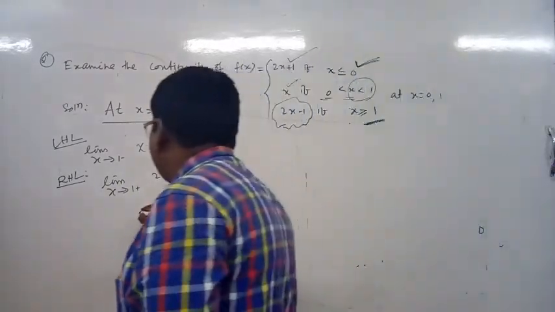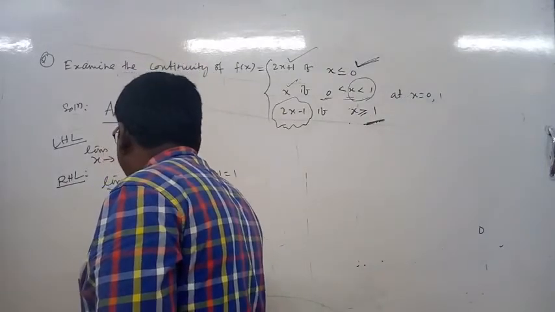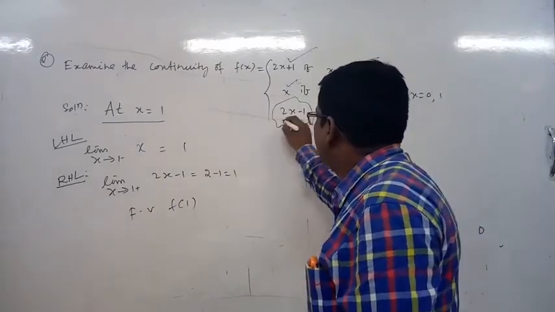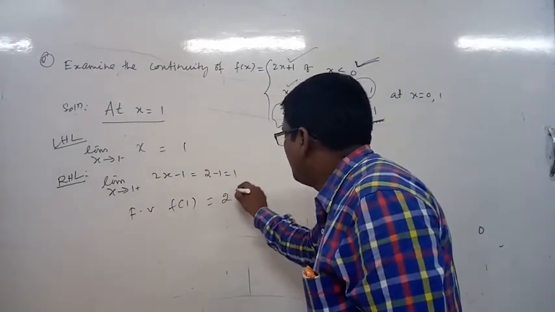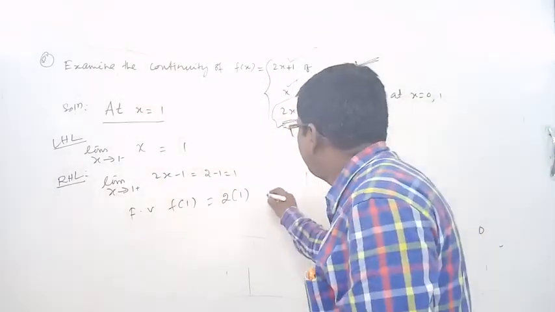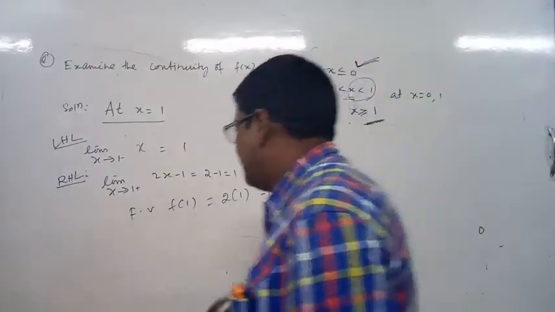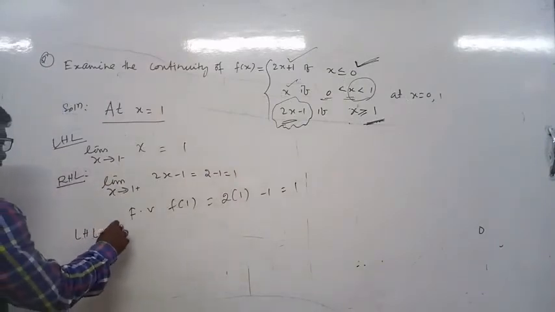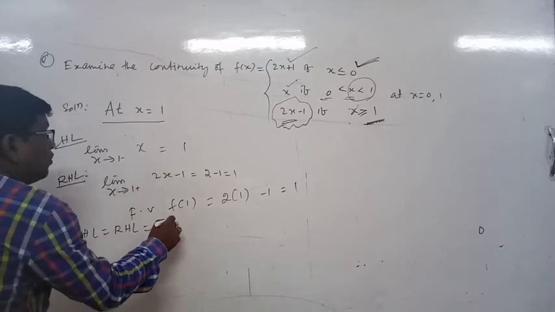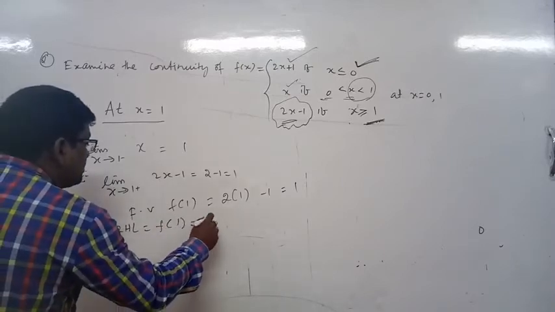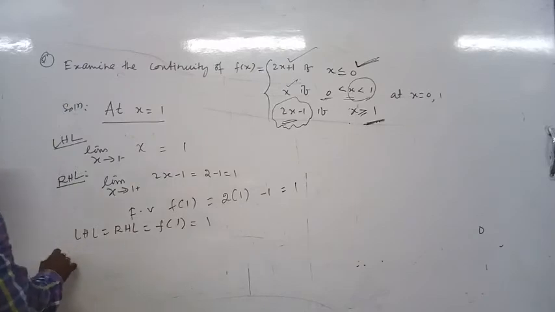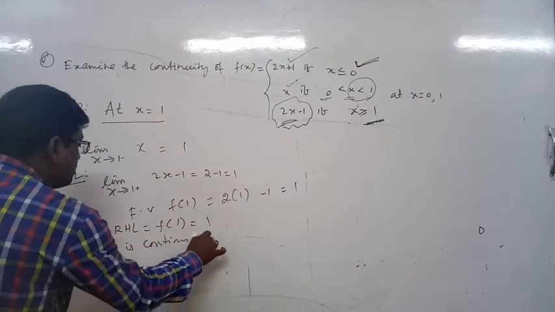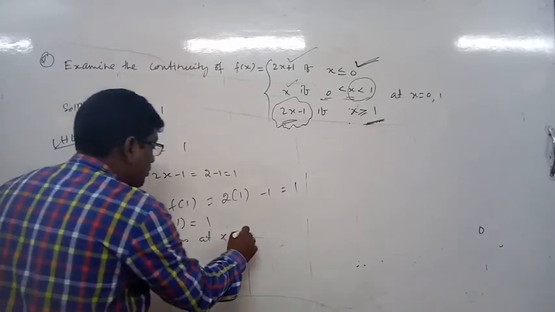So f of 1 is the functional value. f of 1 means use this function. This is equal to 2 into 1 minus 1, which is equal to 1. Here, limiting value equal to functional value. So LHL equal to RHL equal to f of 1, and is having value 1. Therefore, f of x is continuous at x is equal to 1.